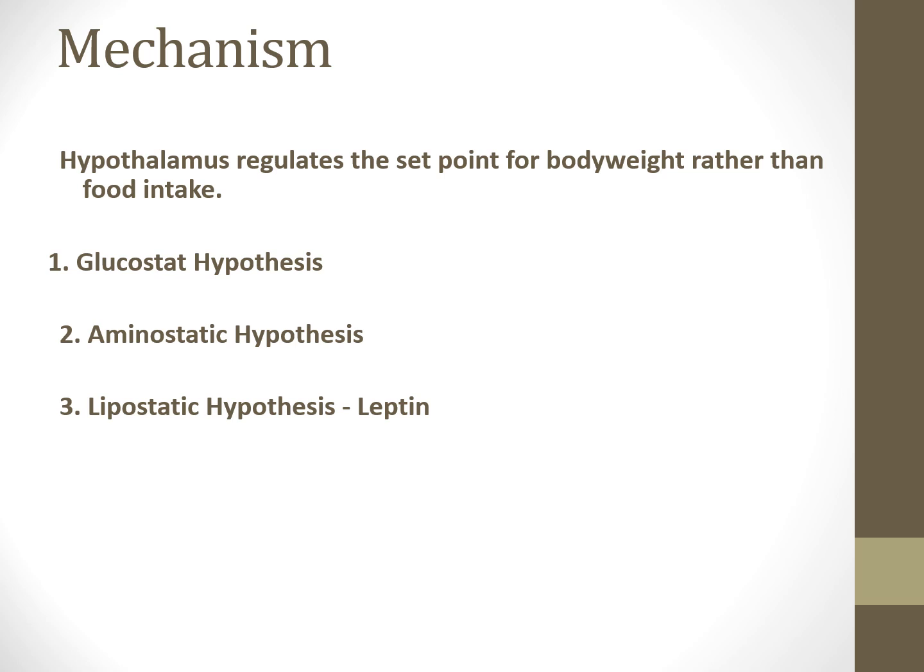There is a set point, and whenever the glucose or polypeptide level is increased, the satiety center is stimulated and in turn inhibits the feeding center, and this causes the person to stop eating. This is called the glucostatic theory. The same concept applies to amino acid level: whenever it increases, it gives the aminostatic hypothesis.